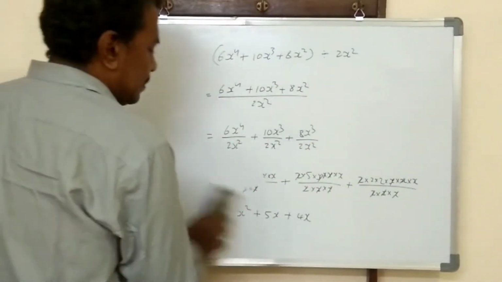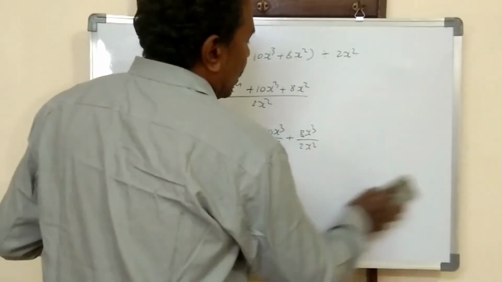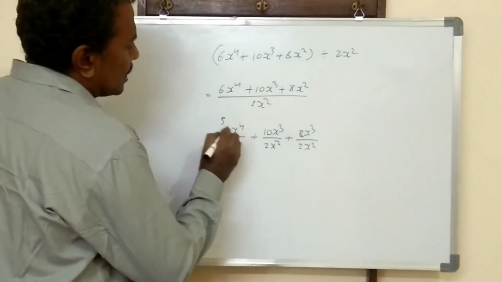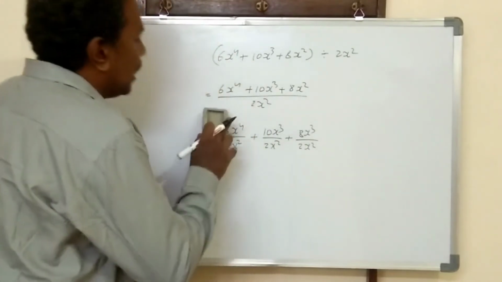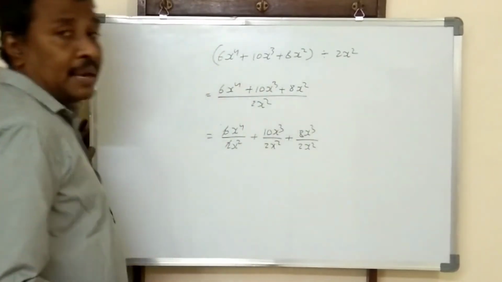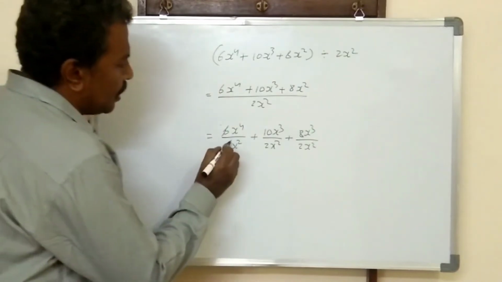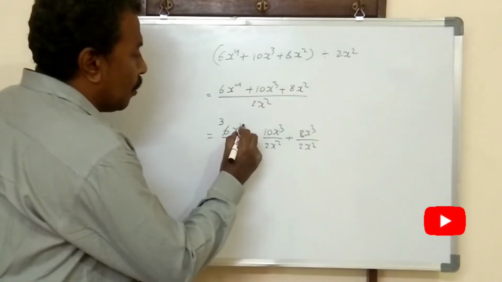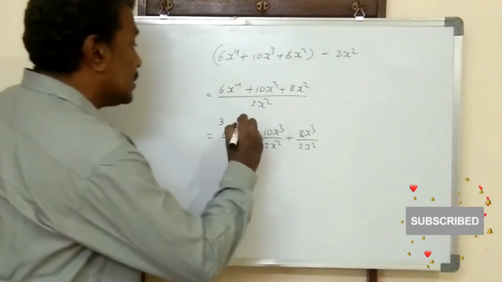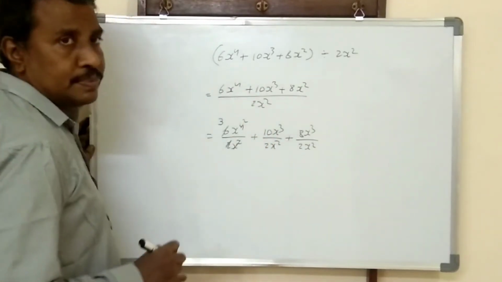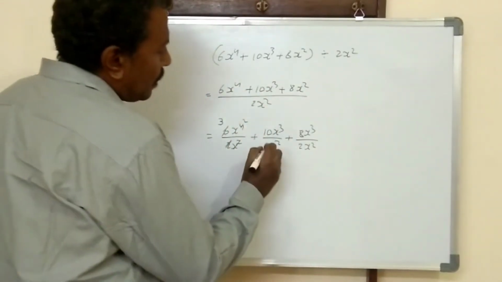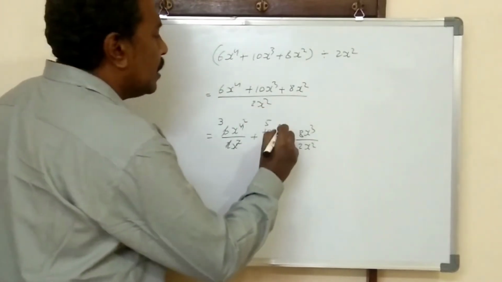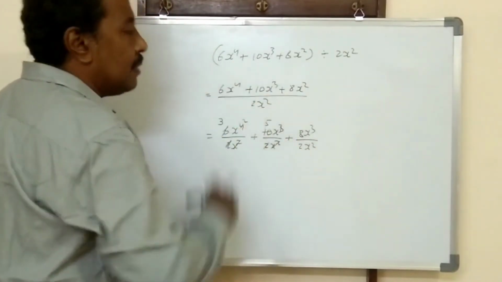If not, as I told you already, you can do it by simple cancellation, without writing the terms in expanded form. 2 3s are 6. X square, here x power 4, 2 x's will be cancelled, so the remaining power will be 2. 2 5s are 10, x square, x cube, 2 x's will be cancelled, 1 will be remaining.